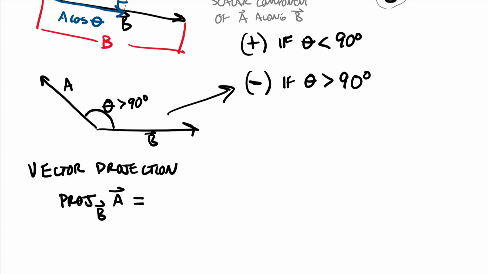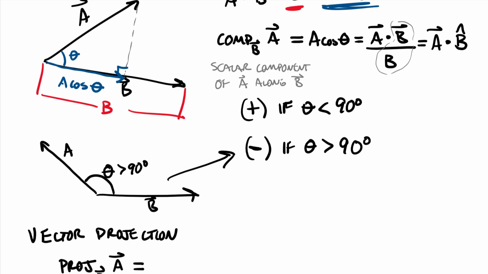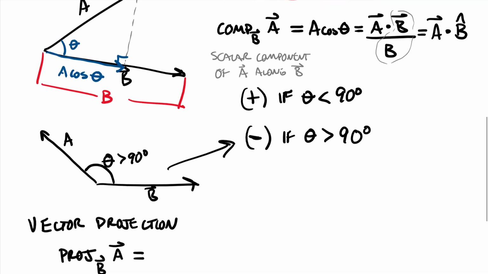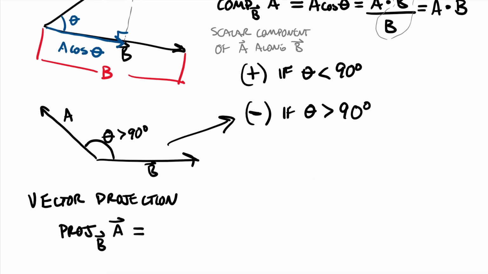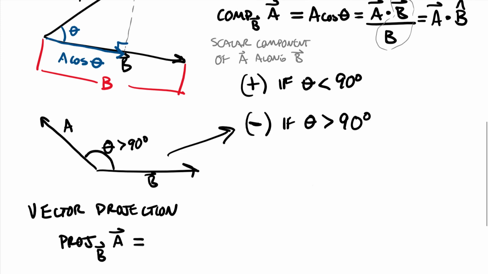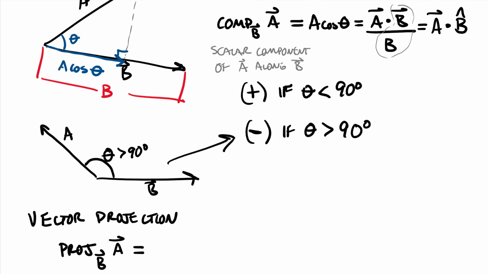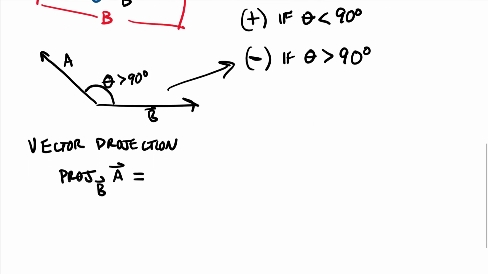Then this is going to be equal to that magnitude that we just found, the scalar component, and we need to multiply it in the direction of B. What term do we have that is pure direction of B? Turns out that term is a unit vector, and so we can write this as A dotted with B hat times B hat.